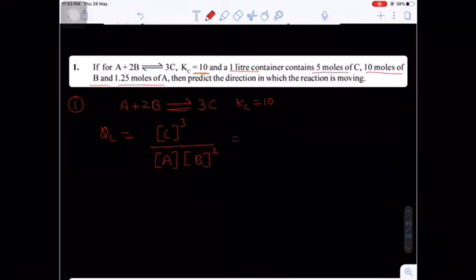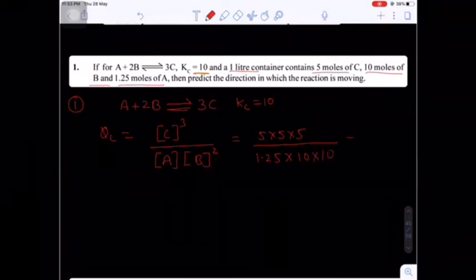What is the concentration of C given to you? 5 moles. So 5 cube, 5 into 5 into 5, whole divided by, what is the concentration of A given to you? 1.25 moles. What is the concentration of B given to you? 10 moles. So 10 into 10.